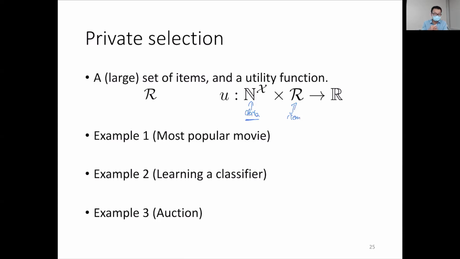So the problem of private selection tries to find the argmax of this utility function, to output R star equal to the argmax over R in this set R of the utility of your data and R. So this is the goal. But we can't just output this directly. Due to the privacy concern, private selection hopes to do this with a differential privacy guarantee.